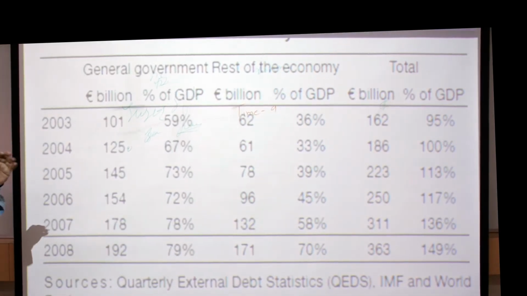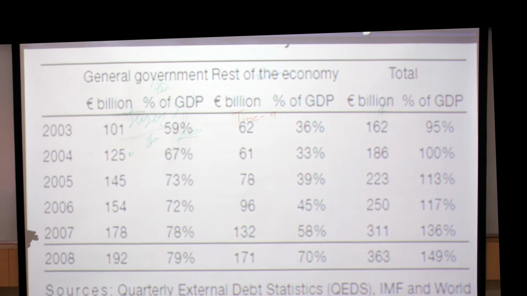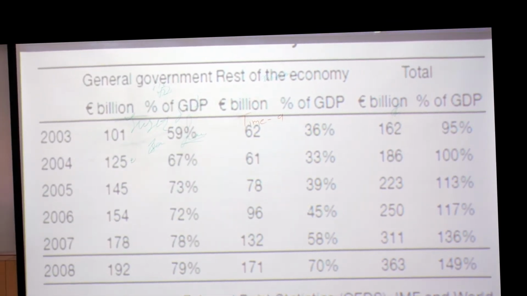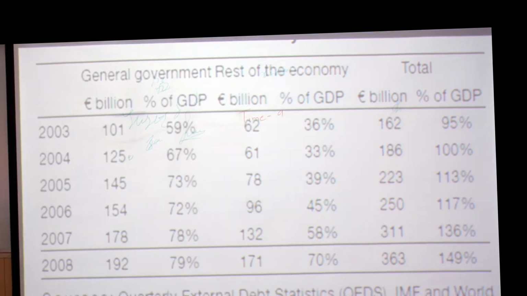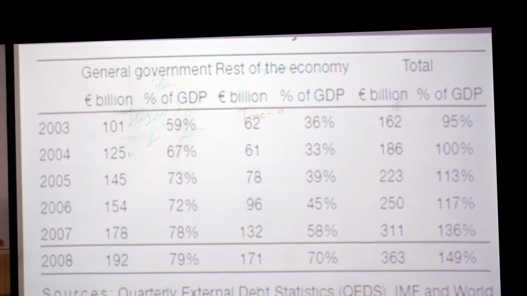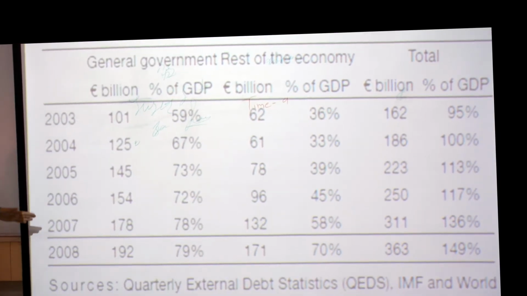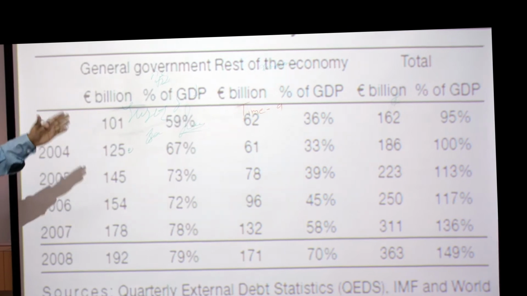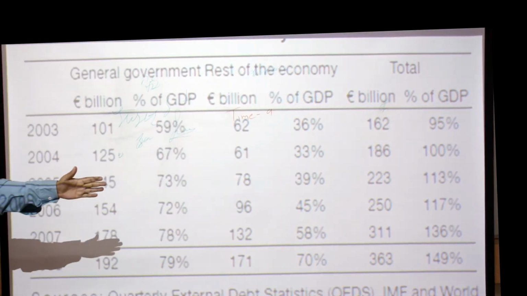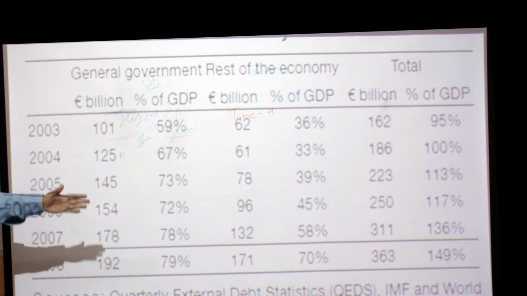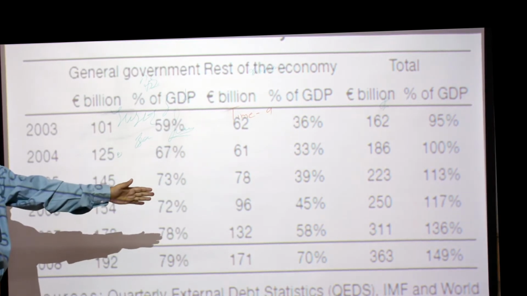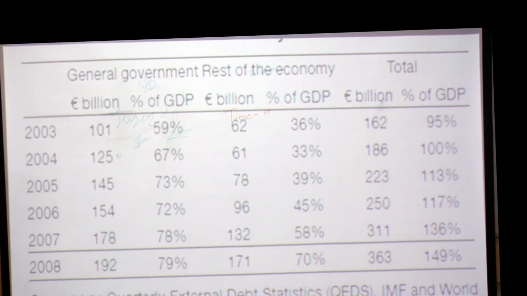As a result, because of expansionary fiscal policy and so much indebtedness, the gross external debt position of the Greek economy also was very precarious. As you can see in these figures, by 2009, the total debt of the entire economy as a percentage of GDP was 149%, out of which the governmental debt was 79% and the rest of the economy debt was 70%.